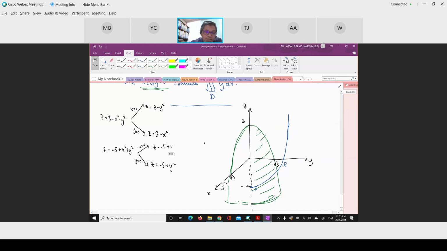I'm looking at the screen too long here. And when y is 0, it is x squared. You're right. But the diagram I've drawn is correct. On the zy plane, it is correct.